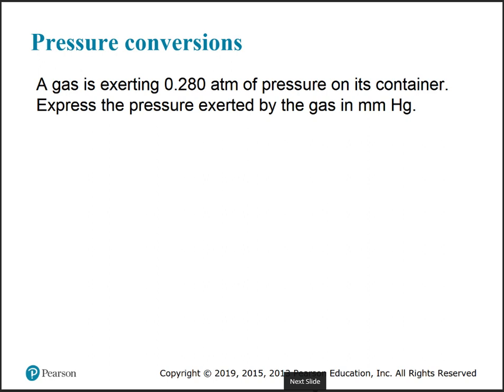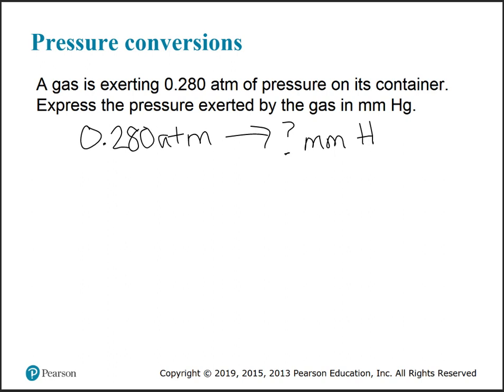So here we have a gas that's exerting 0.280 atmospheres of pressure on its container. We're supposed to express the pressure exerted by the gas in millimeters of mercury. As always, I rewrite the question. So I have 0.280 atmospheres, and the question is, how many millimeters of mercury is that?